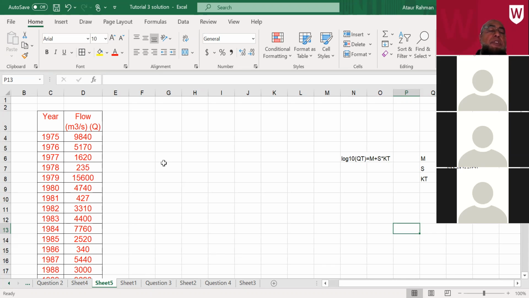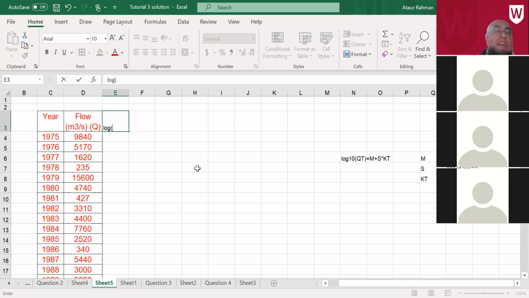So the first step with LP3 distribution is that we estimate the log of that data. So we estimate log of Q, which is log 10 of this value here.